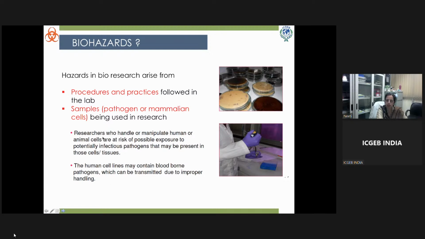This would be the researchers or all the lab personnel who will be handling or manipulating these cells, because they are at a risk of exposure to these potentially infectious pathogens which may be present in the tissues or the cells. There may be risk of exposure due to any procedural or handling errors that may happen, and mainly because of the pathogens present in these various samples, or due to the risk factors associated with the various procedures and practices.